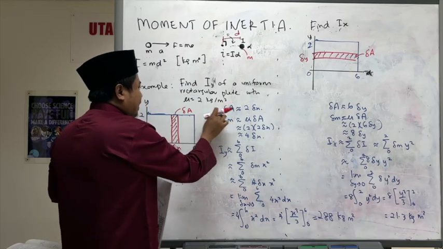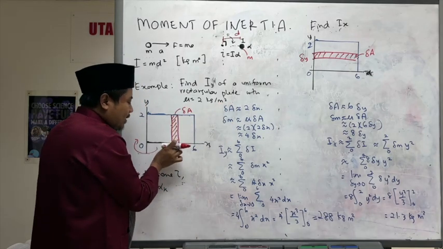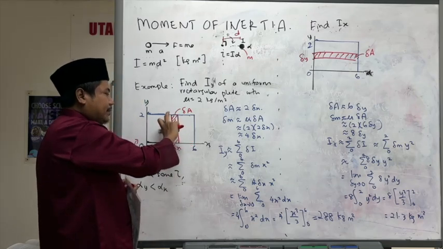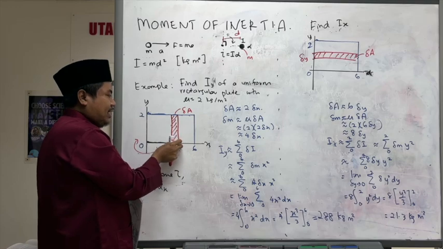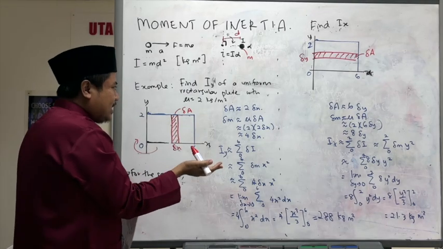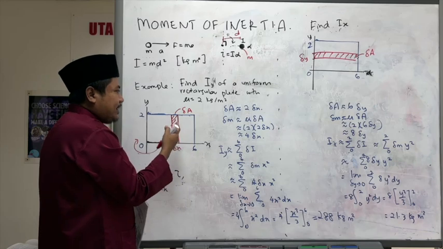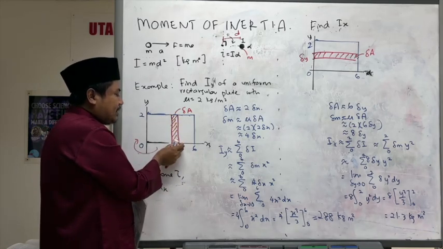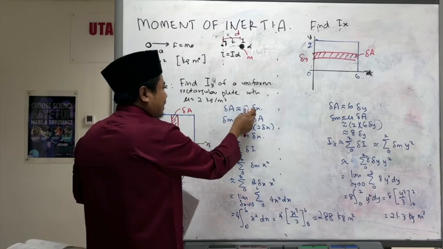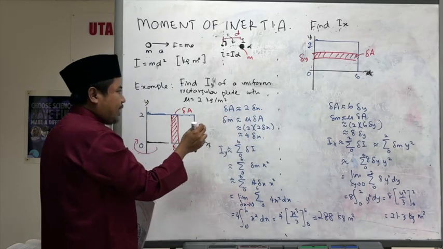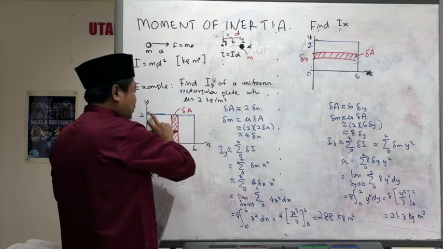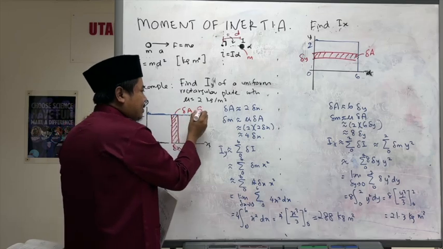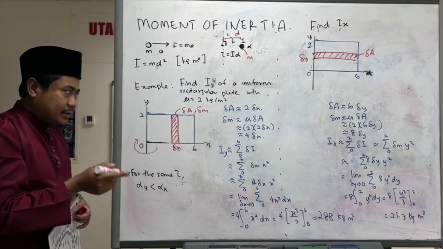So delta A, the area of the strip, is equal to this length times this length, height times width. Because this is just a simple rectangle, the area is just 2 times delta x. The strip has mass.